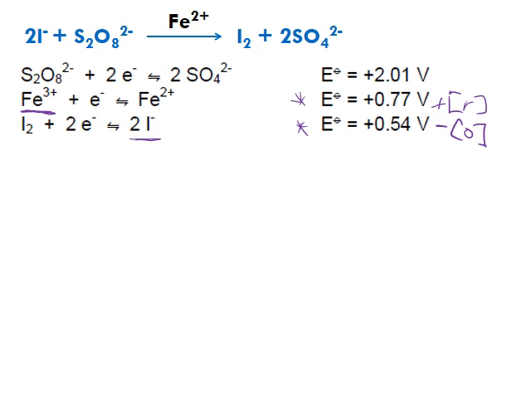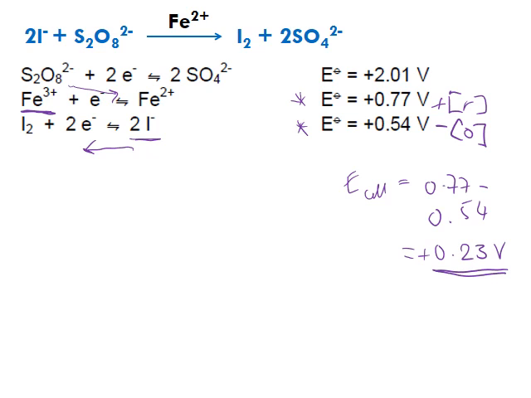That's again what we want to happen, so the iodide ions are oxidized to I2. The Fe3+ is reduced to Fe2+. E cell, E right minus E left, so 0.77 minus 0.54. What's that? 0.23. Okay, so feasible, thermodynamically feasible.